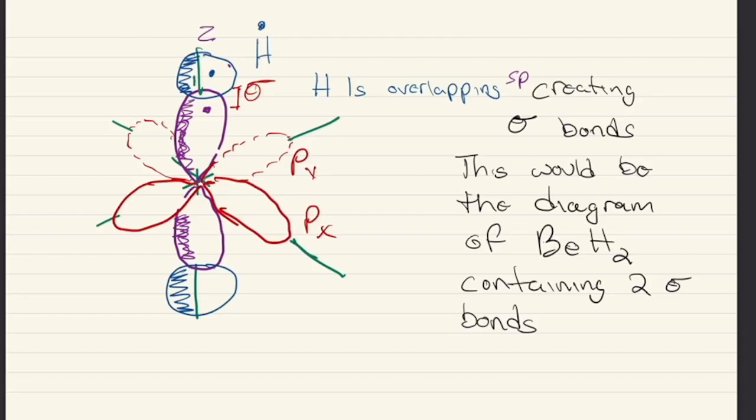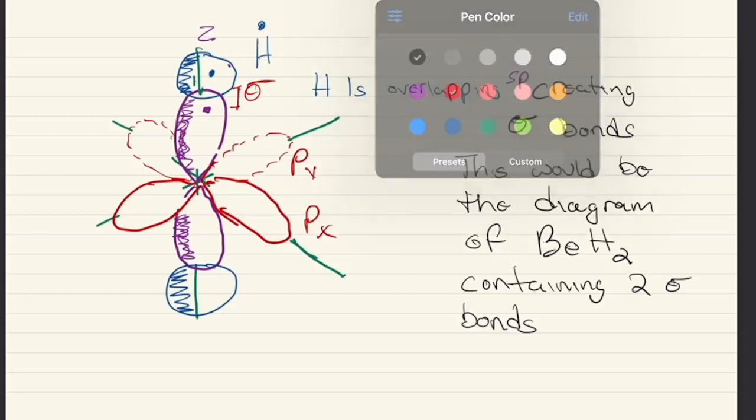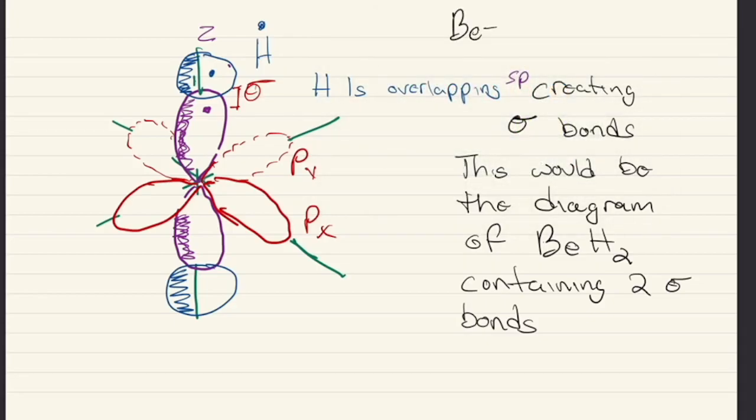So we need to be able to utilize the Lewis structure, in this case, the Lewis structure of beryllium dihydride would look like this. We should be able to recognize that there are only two bonding or electron domains around beryllium, which will give us 180 degrees.